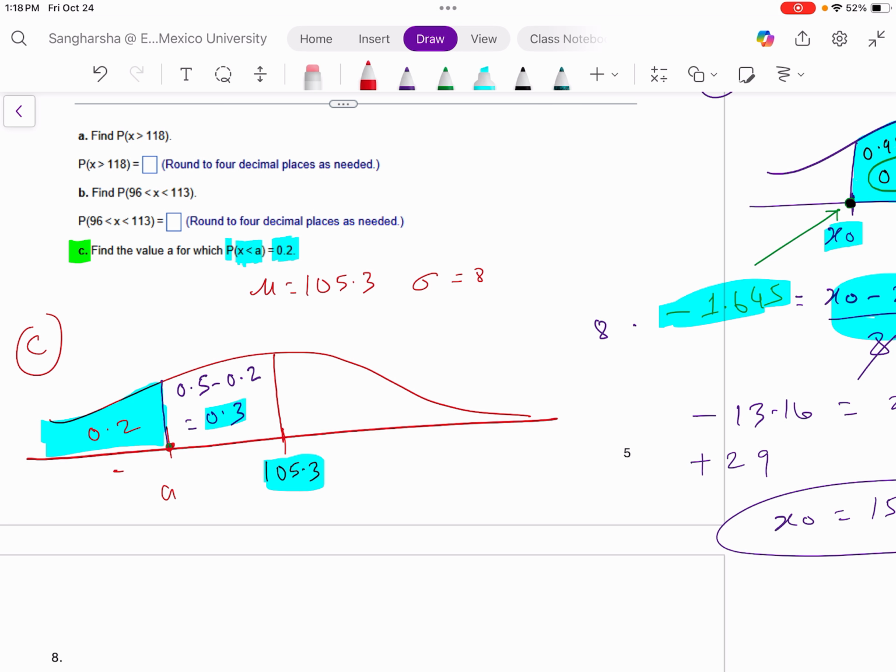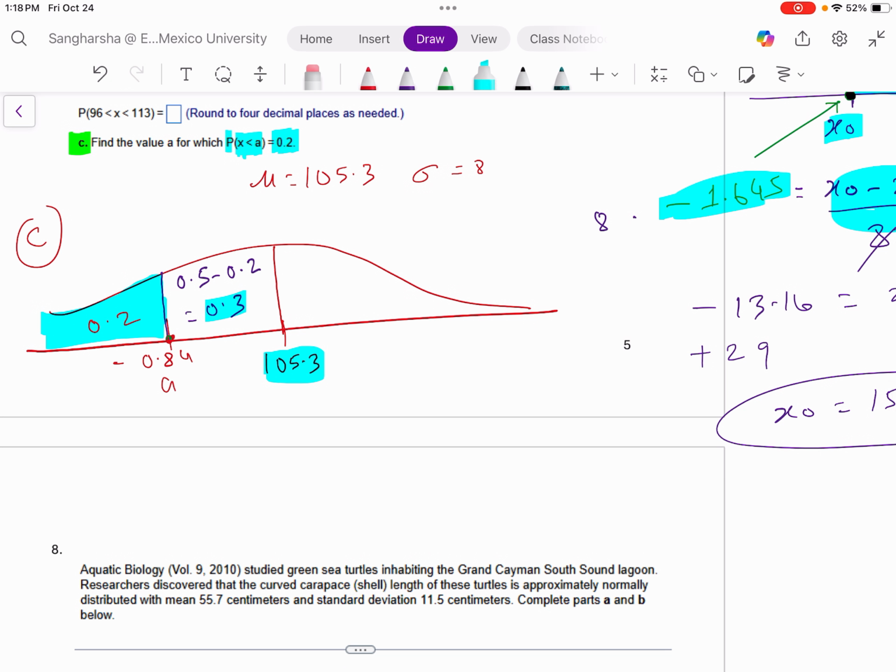So negative 0.84. Now we convert A into G. To convert A into G, that is A minus 105.3 divided by 8, and the G for the same point is negative 0.84.